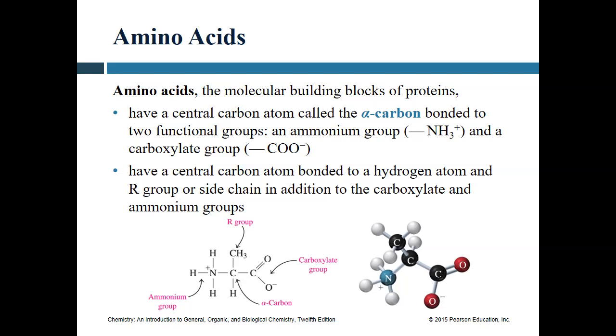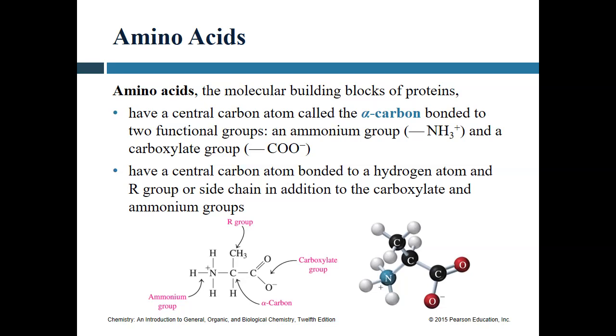And attached to that alpha carbon, you have an amine group, that's the NH3, and an acid group given to us by the carboxylate ion. And so this is where the term amino acid comes from. It comes from the fact that we've got an amino group, the NH3, and an acid group in the form of the carboxylate.